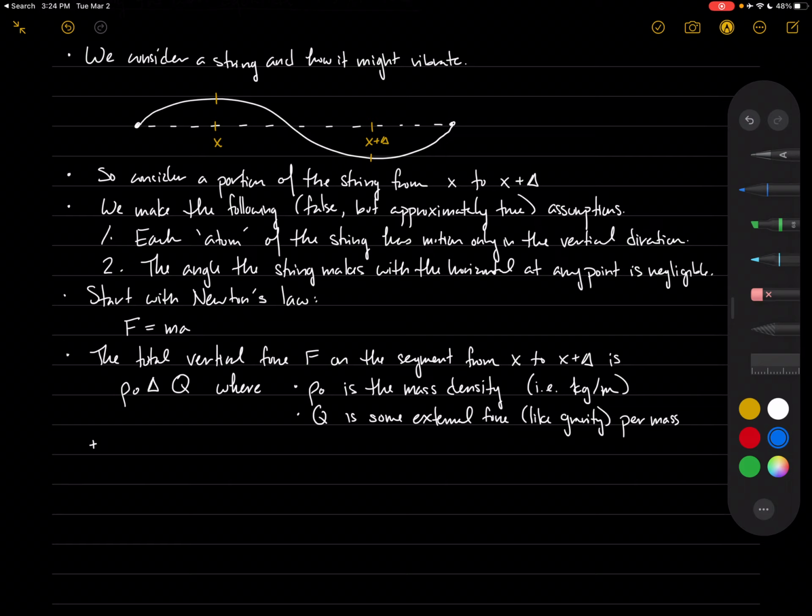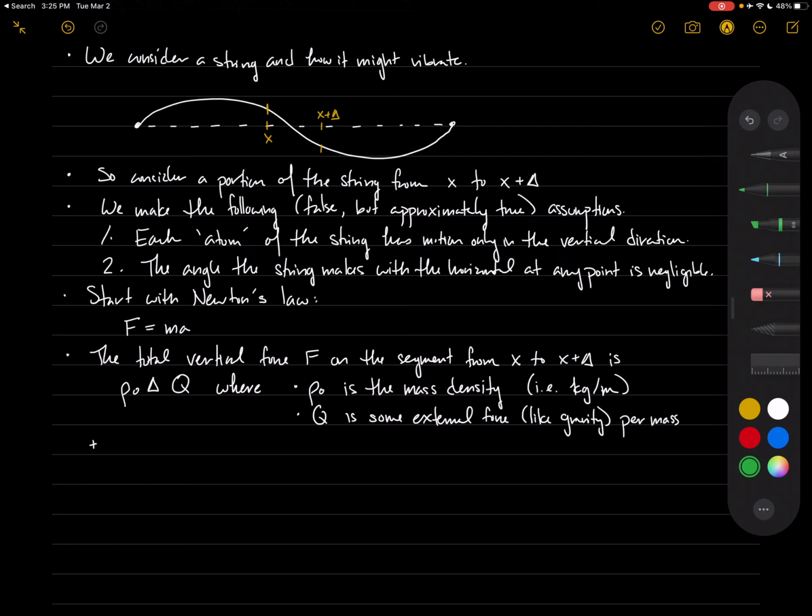So the tension here is, let me choose different spots for x and x plus delta, because these ones will not make things so clear. So let's choose this spot for x and this spot for x plus delta. Okay, this will make things more clear.